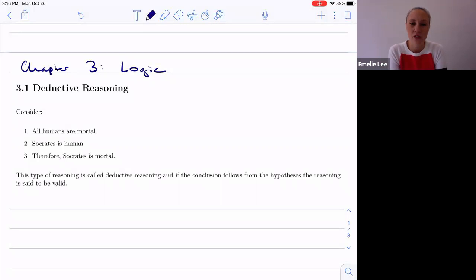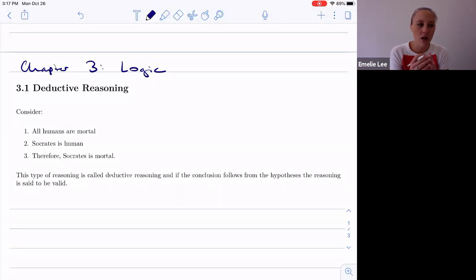So we'll start with just talking about logic. Logic is reasoning, and deductive reasoning is, well, if these things are true, then this must be true, right? We'll start with something really small, like a couple of statements. All humans are mortal. Socrates is human, therefore Socrates is mortal. Very basic.